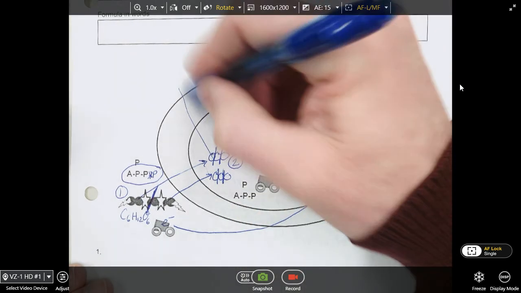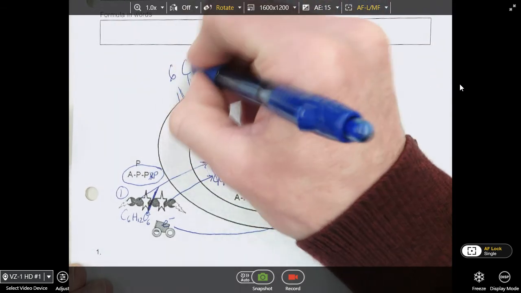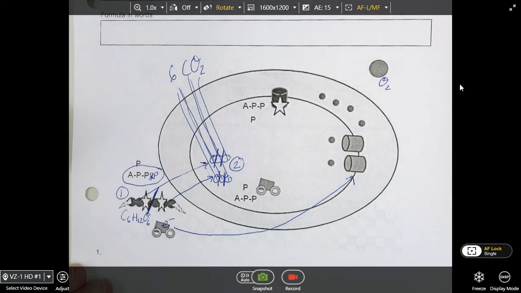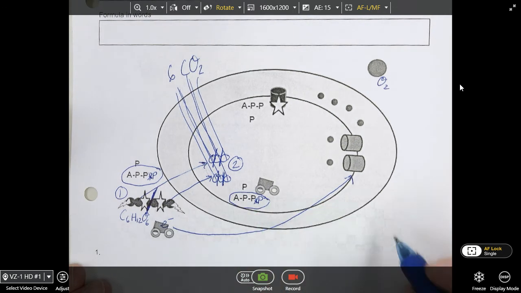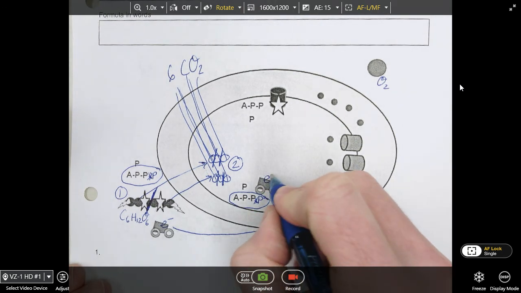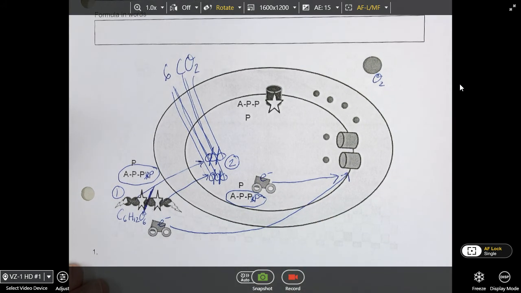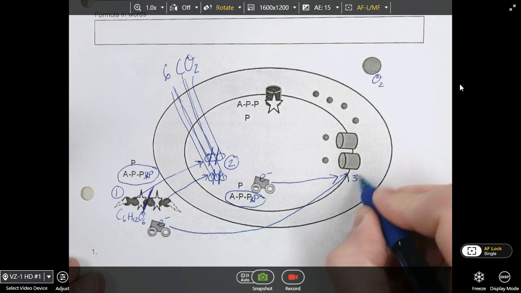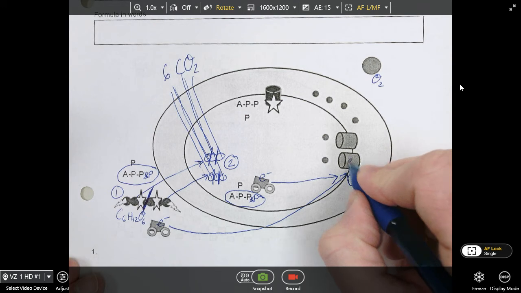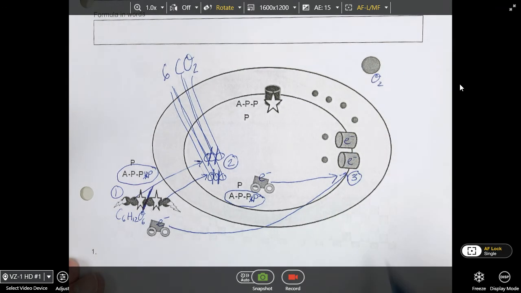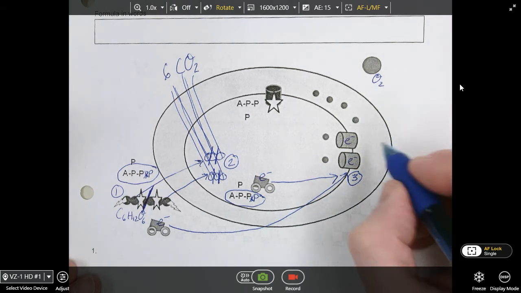As we break all of that down into carbon dioxide, we make a little more ATP, and we carry a lot of electrons to the electron transport chain. So now at step 3, these trucks, or these electron carriers, the NADs and the FADs, are dropping off the electrons at the pumps, and those pumps are now going to be powered up, which brings us to step 4.